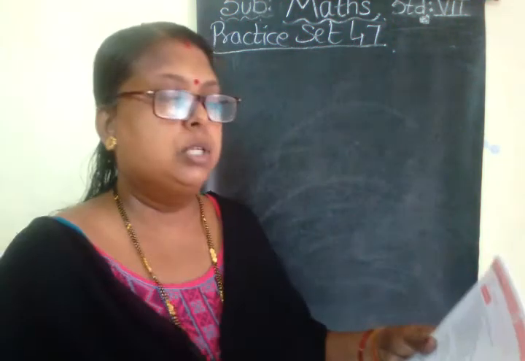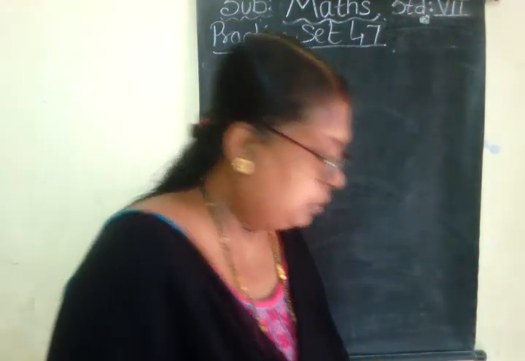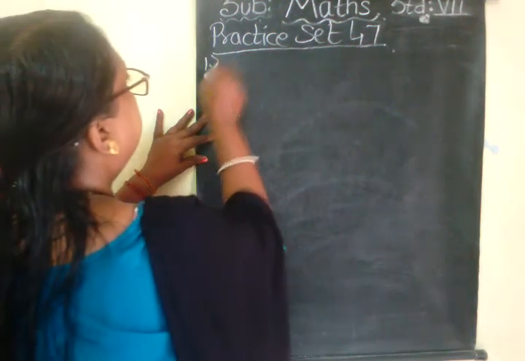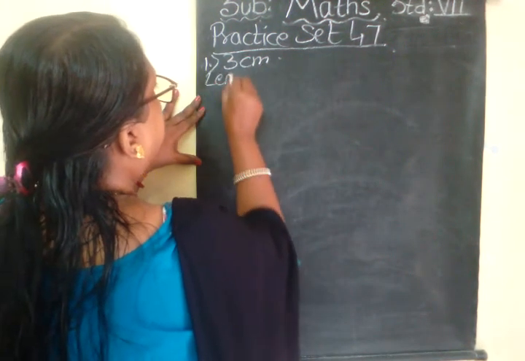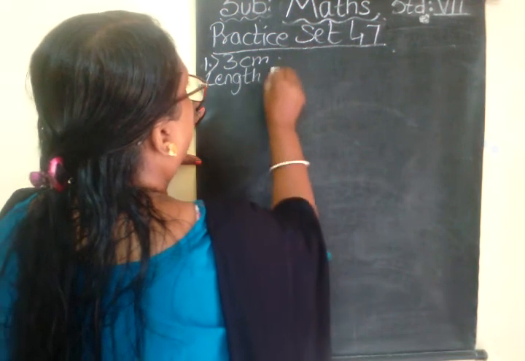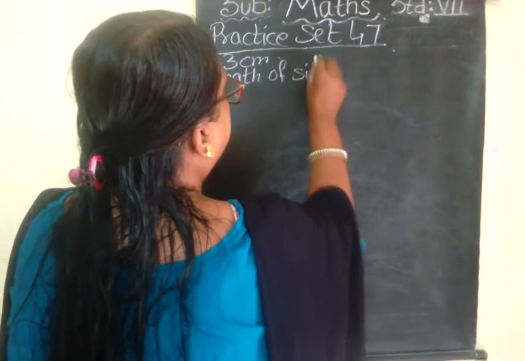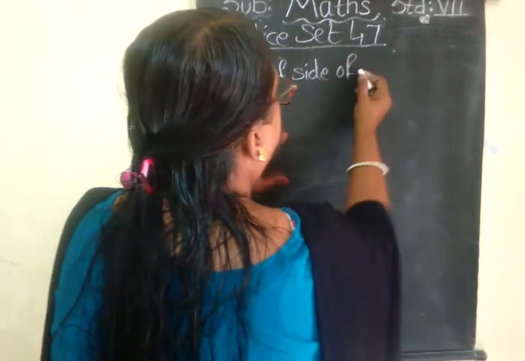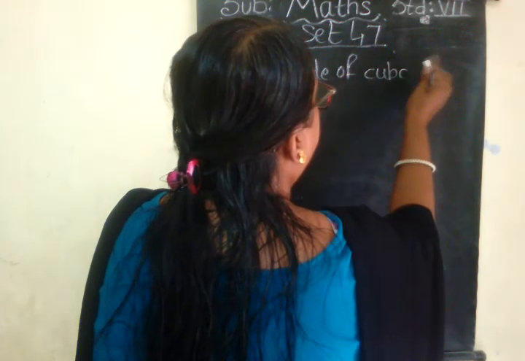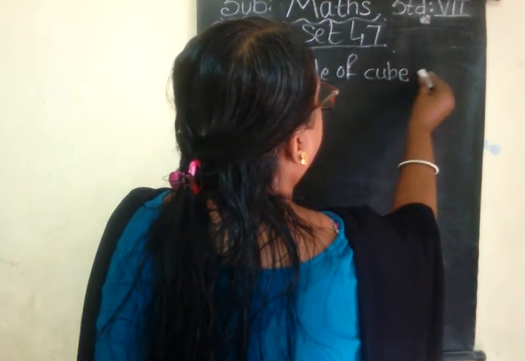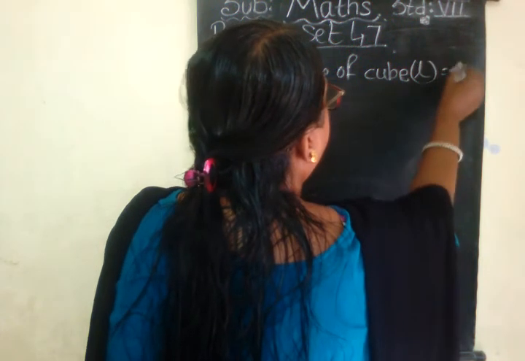You have to find the total surface area of the cube. So first sum, 3 centimeter. First of all, I will write the length of side of cube, that is L equals 3 centimeter.